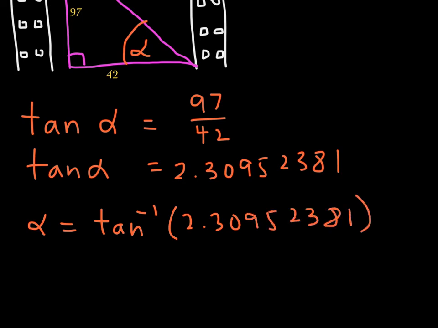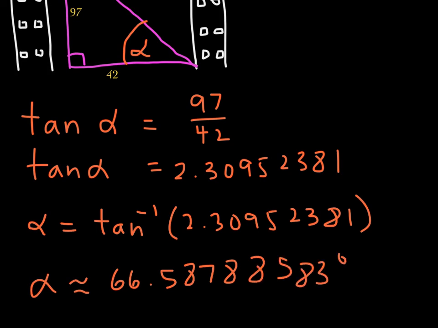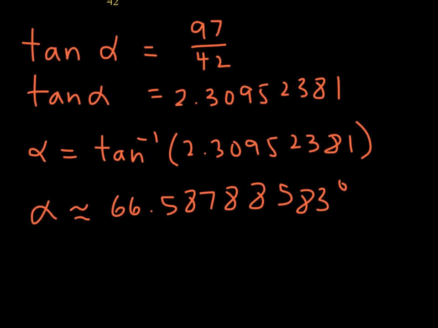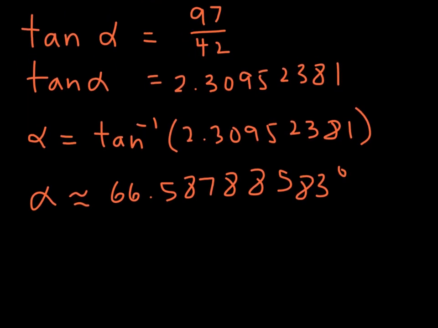So when I use inverse tangent now on my calculator, I get that alpha is approximately 66.587888583 degrees. But remember, we want to round to two significant digits. So in this case, I'm going to round this to 67 degrees.